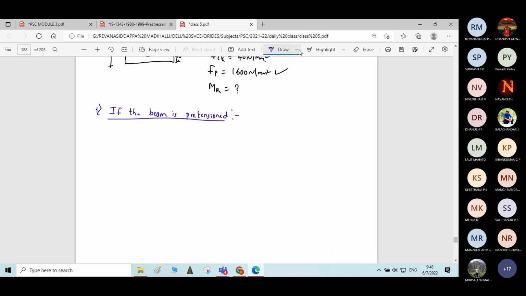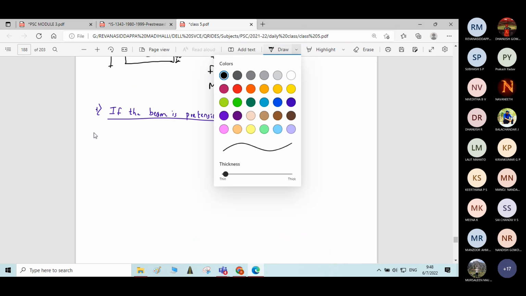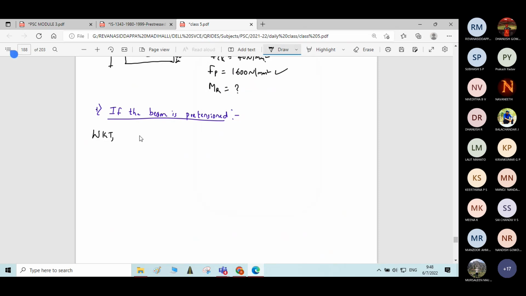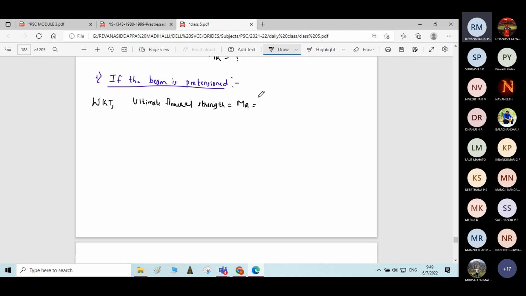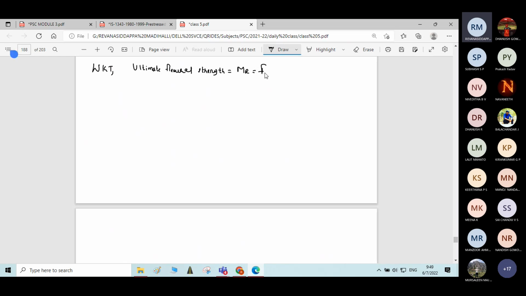We know that ultimate flexural strength is given by MR is equal to, what is the formula there? fpu into Ap into d minus 0.42 xu.